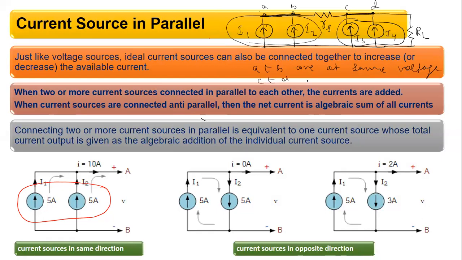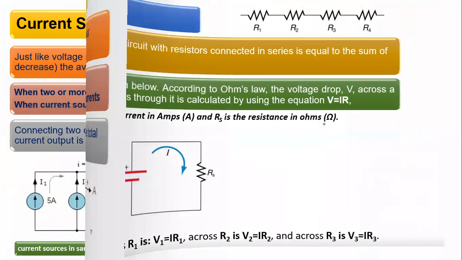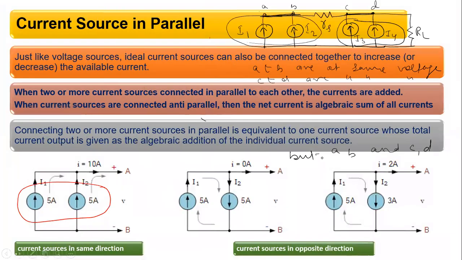C and D are at the same voltage, but AB and CD, they are separate.